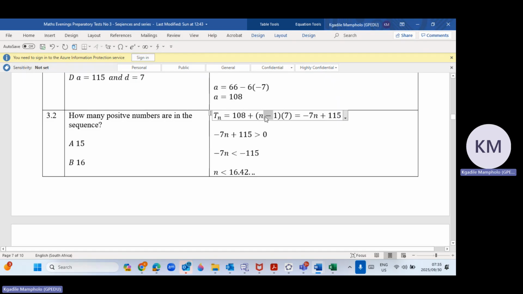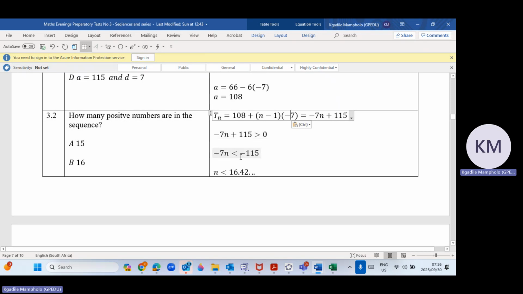When you simplify it, you get Tn as negative 7n plus 115. Now, how many positive terms? Remember, the terms that are positive are greater than 0. So we say minus 7n plus 115 is greater than 0.